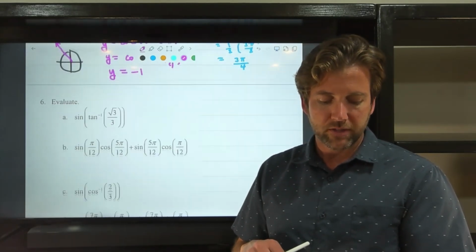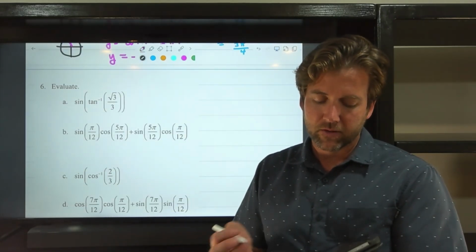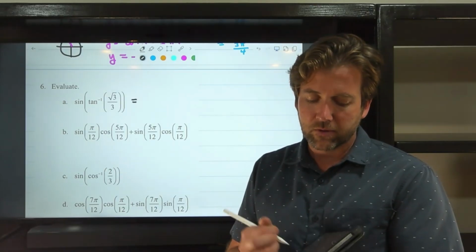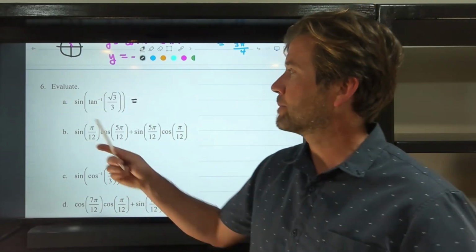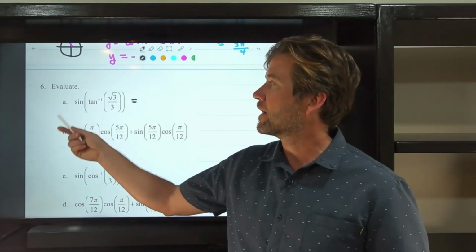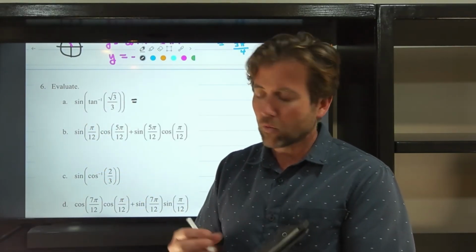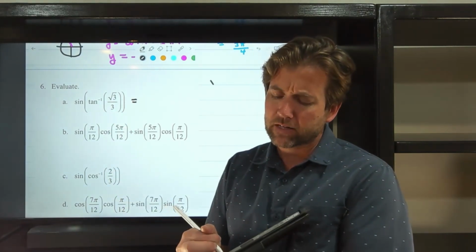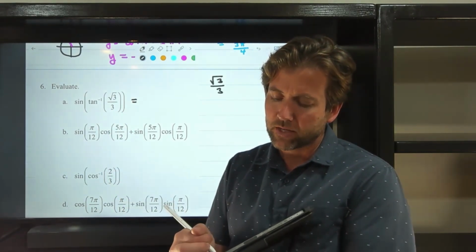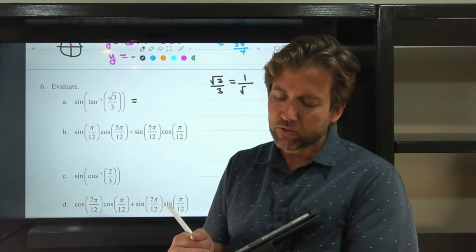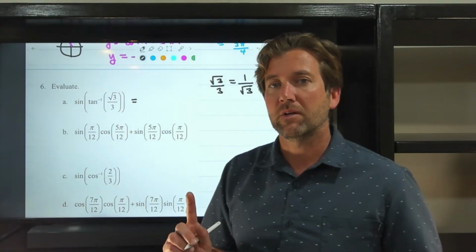All right, question 6a. So we're evaluating the composition of these functions here, the sine of the arctangent. Now, we should be familiar with the fact that rad 3 over 3 is the same value but looks different as 1 over rad 3.